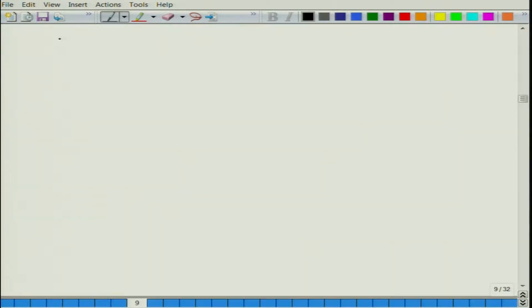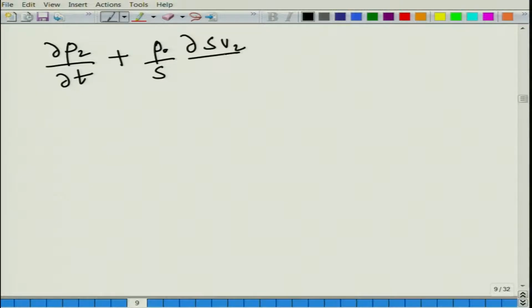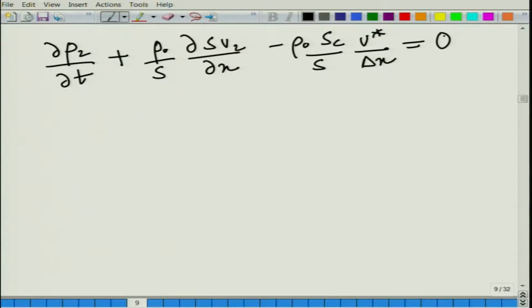In such a case we have del del t of rho 2, which is the total density in the second duct, and this thing rho naught S U2, and minus rho naught SC by S into U star delta x is equal to 0. Okay. So, rho 2 is nothing but rho naught plus rho 2 tilde.